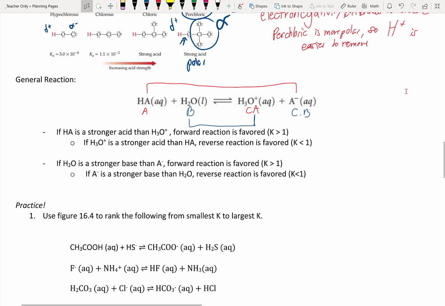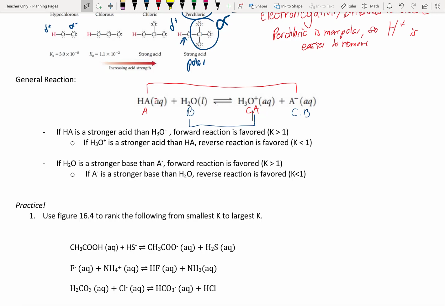If it was a strong acid, we know it would only exist over here. If HA is stronger, it's going to drive it that way, meaning our K value is going to be greater than 1. It's going to be product favored. Whereas if H3O+ is a stronger acid, then the reverse reaction is going to be favored, and the equilibrium would lie on the reactant side and have an equilibrium constant less than 1.